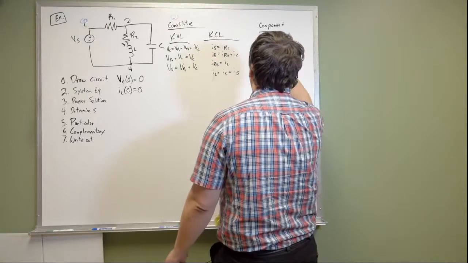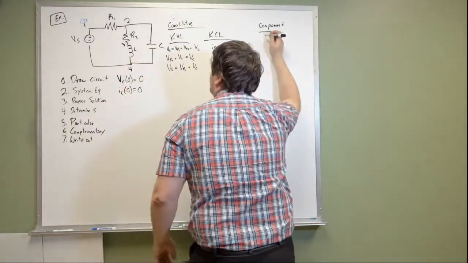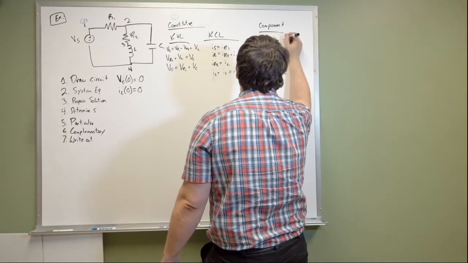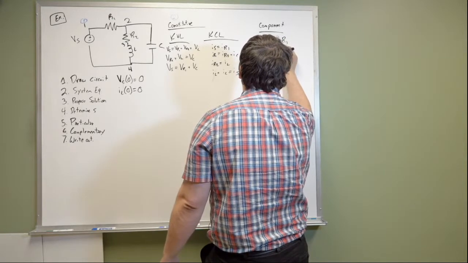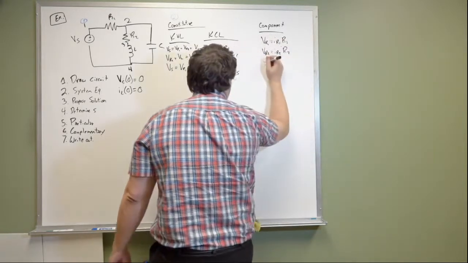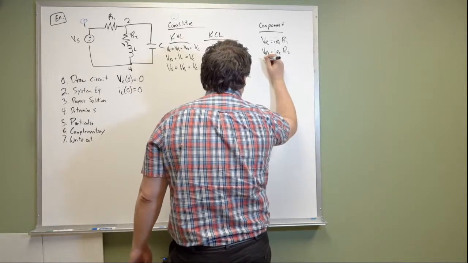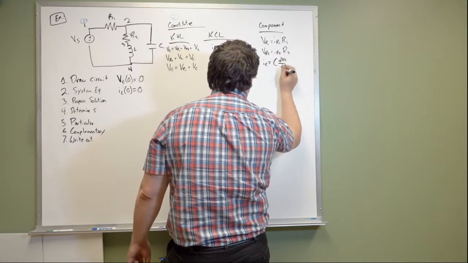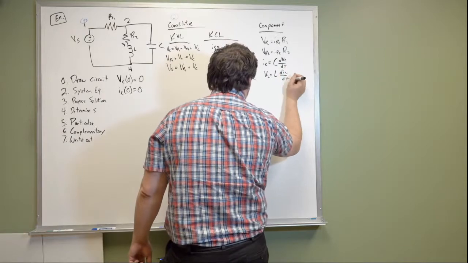And for our component equations, here we have 1, 2, 3, 4 components. So we'll go ahead and write out VR1 is equal to IR1 times R1. VR2 is equal to IR2 times R2. We have C, I'm just going to write the letter C. IC is equal to C dVC/dt, and VL is equal to L dIL/dt.